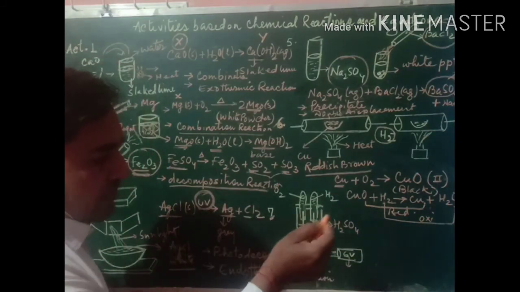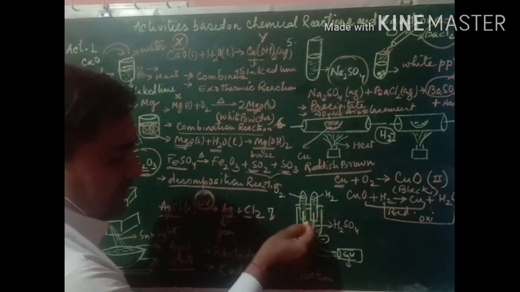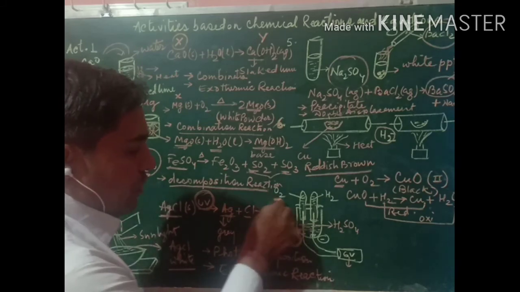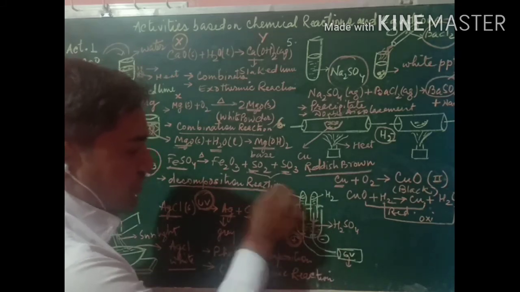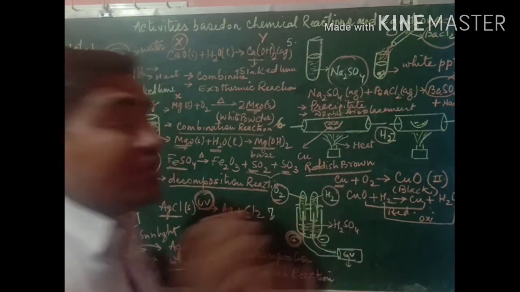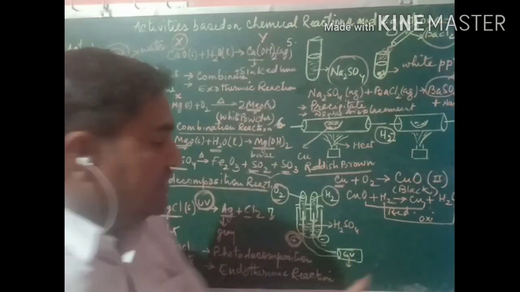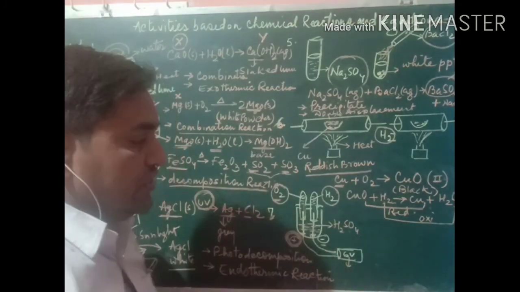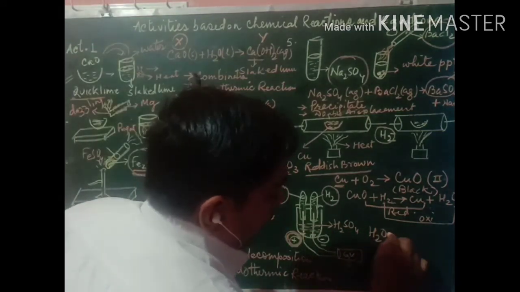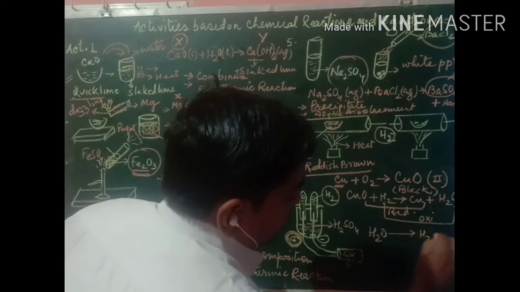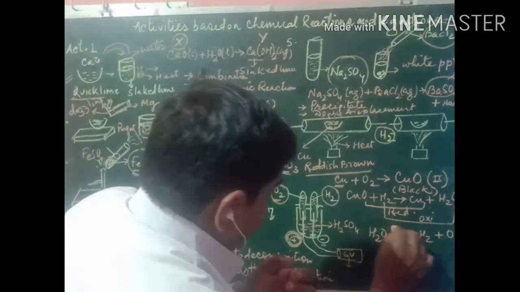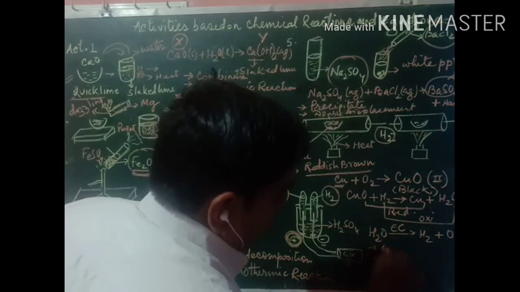So what observation do we get at the anode? At the anode we find bubbles of oxygen, and at the cathode we find bubbles of hydrogen gas, whose volume is almost twice that of the oxygen. So this question always comes. Actually H2O was broken into H2 plus O2 by the electrolysis, using electric current.